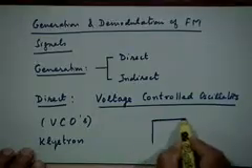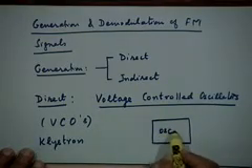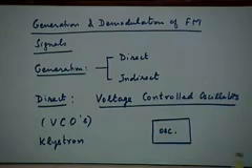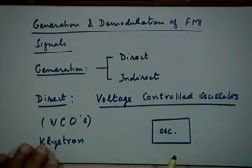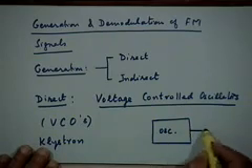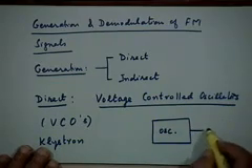And once I have such a voltage control oscillator, what does it mean? If you look at it purely from a block diagrammatic point of view, an oscillator normally has no input except the power supply, and it produces an output oscillation signal.